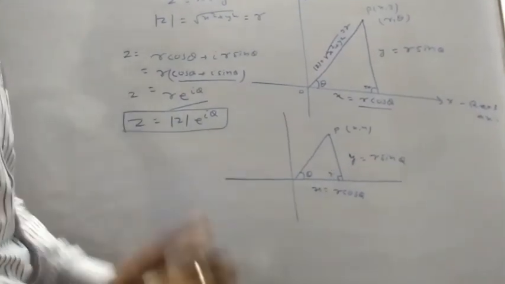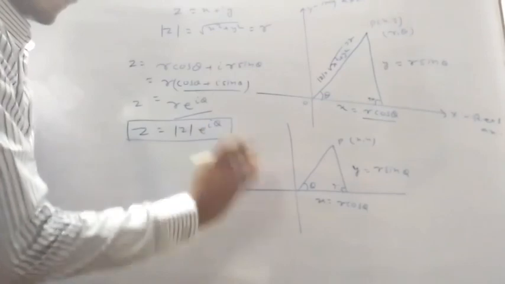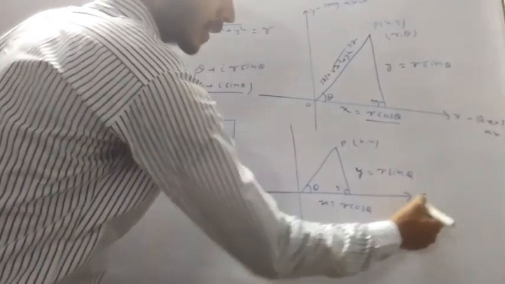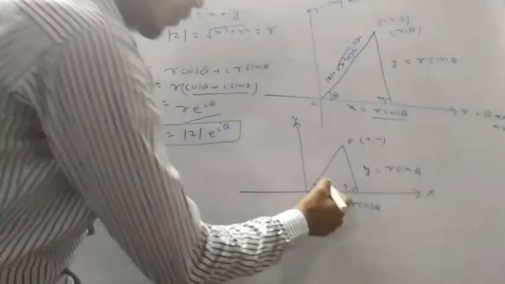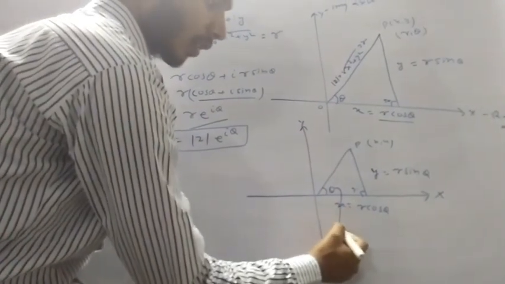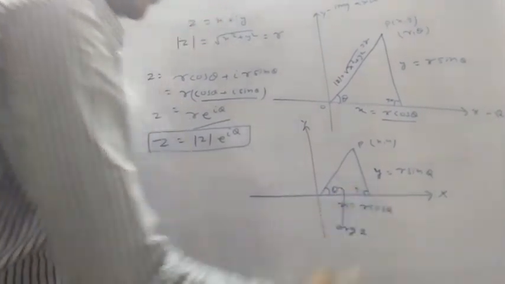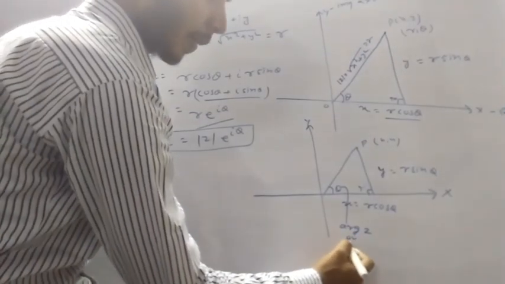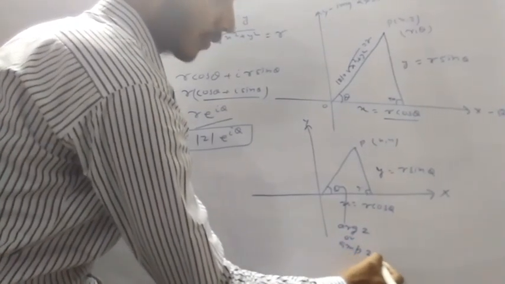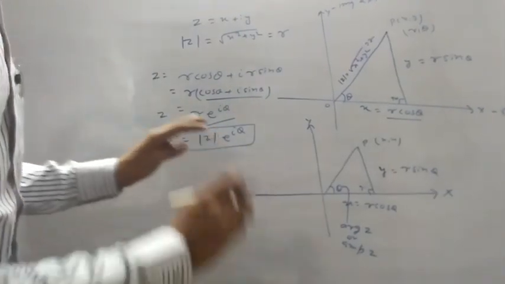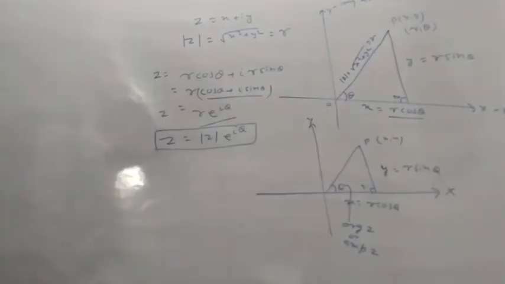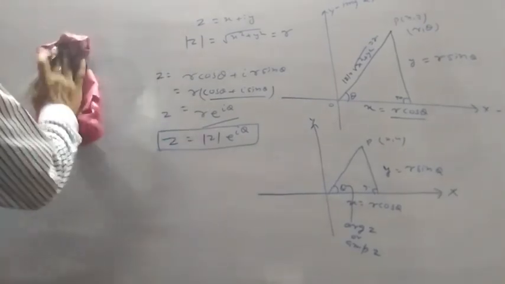In the complex field, the complex number in an Argand plane, this value theta is called the argument of z or amplitude of z. Theta is equal to the argument of z, the amplitude of z. We can easily find the amplitude and argument of z.